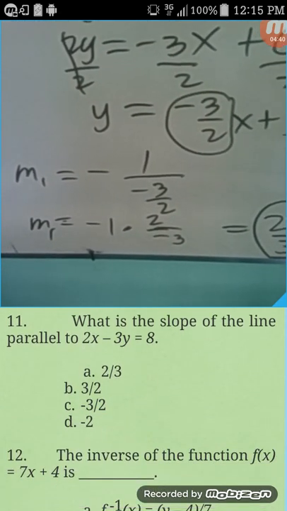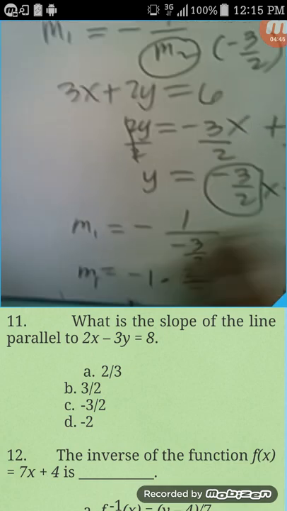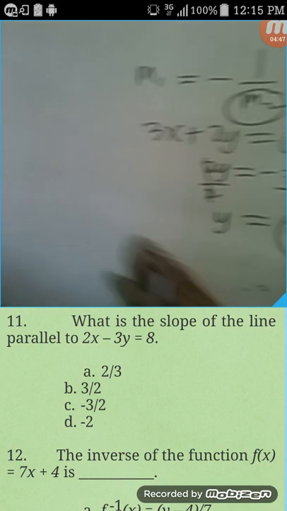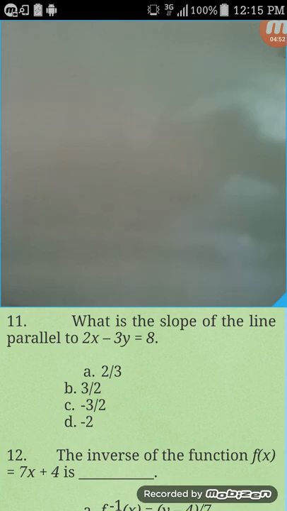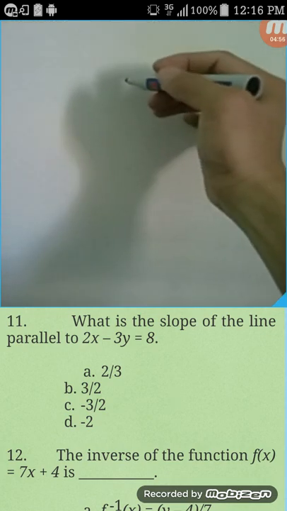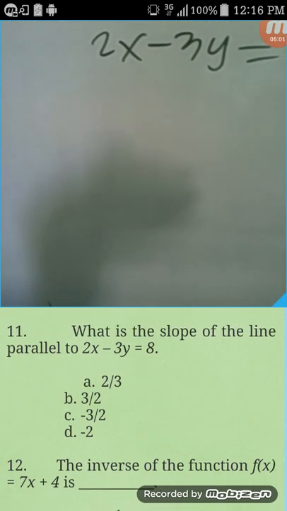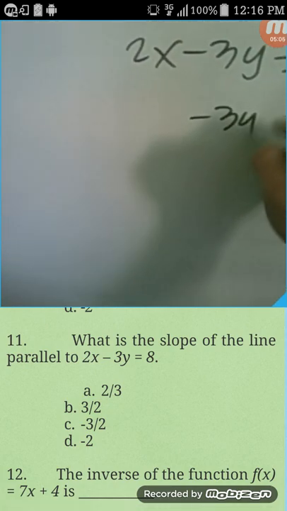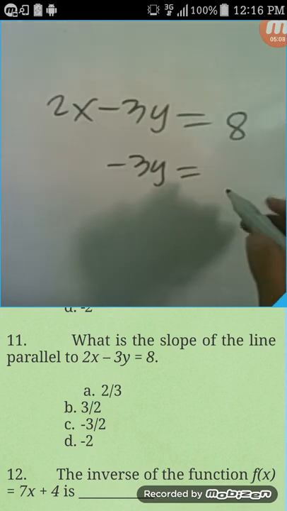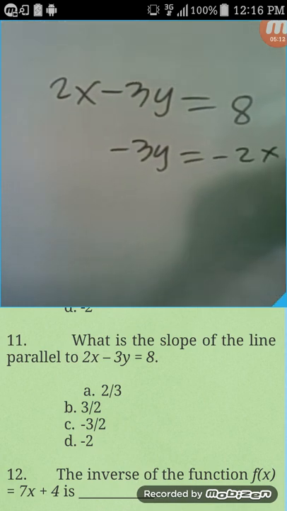Next one: what is the slope of a line parallel? This one is another case. Parallel lines have the same slope. So the slope of the other line must be the same. We have 2x minus 3y equal to 8. Do the same as I did earlier: negative 3y is equal to negative 2x plus 8.